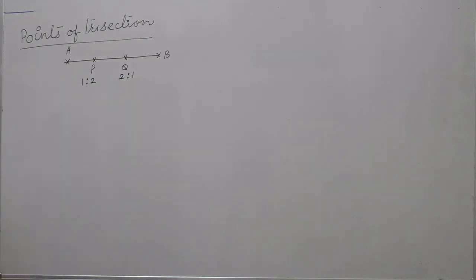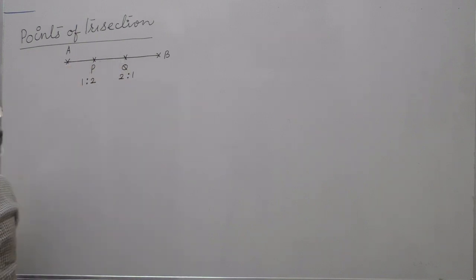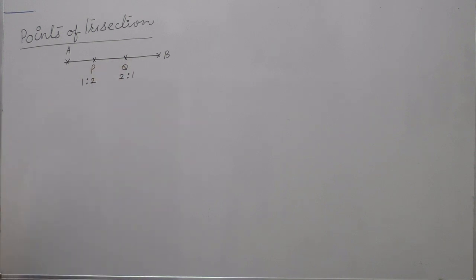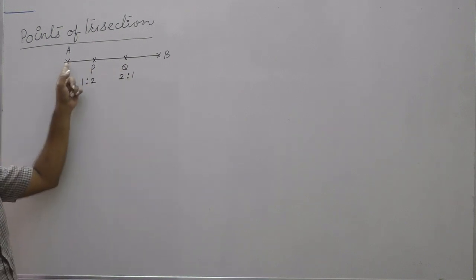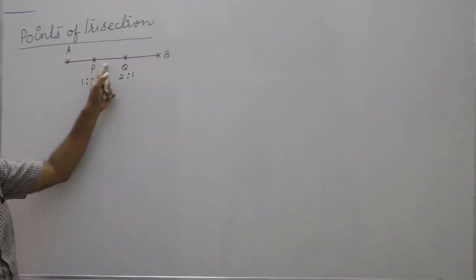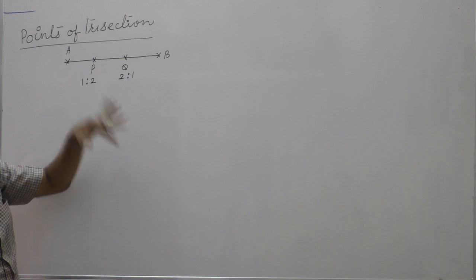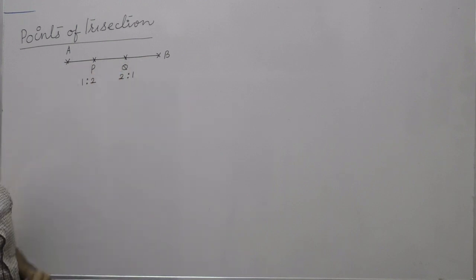That's all. So the points which divide a given line segment into three equal parts are called points of trisection. So there will be 2 points of trisection. To make this line segment into three equal portions, we need to plot 2 points between them so that we will obtain 3 portions.